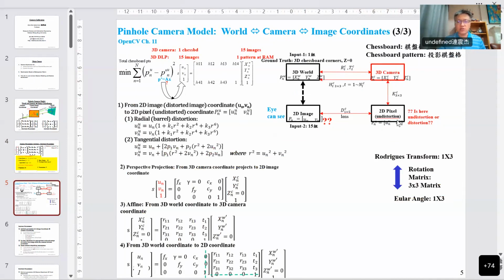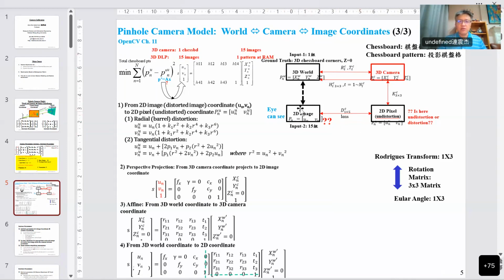And this one has no distortion. But what you see in the image is affected by the camera lens, which has distortion. So because of the lens, we have distortion, and this is what you can see here. When we try to recover from the 2D image to the real 3D object, we will go this path.